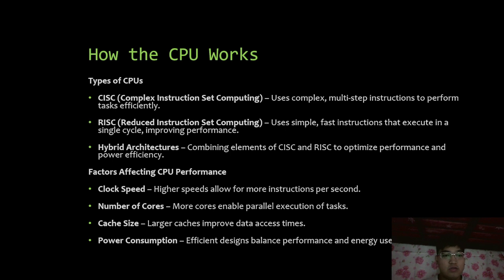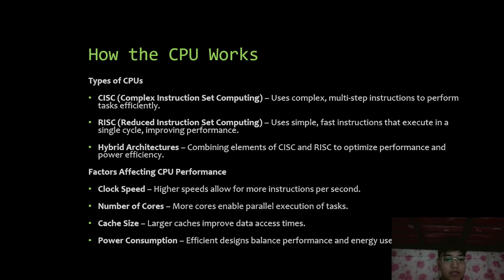RISC, Reduced Instruction Set Computing, uses simple, fast instruction that execute in a single cycle, improving performance. Ang next po is hybrid architectures. We have combining elements of CISC and RISC to optimize performance and power efficiency.